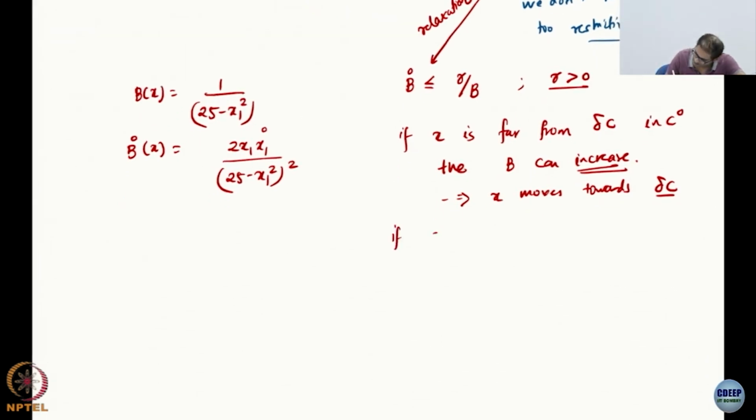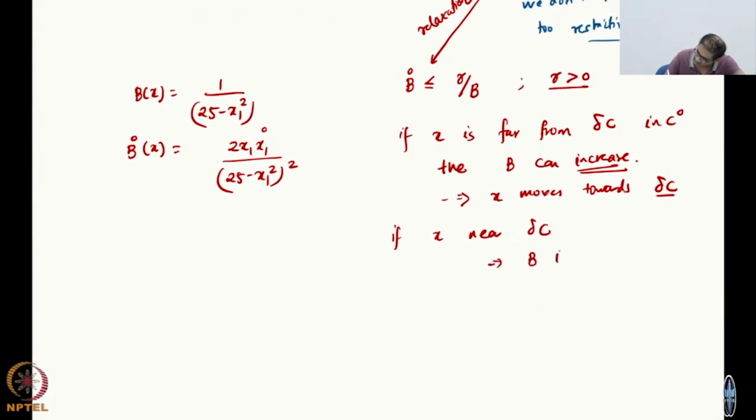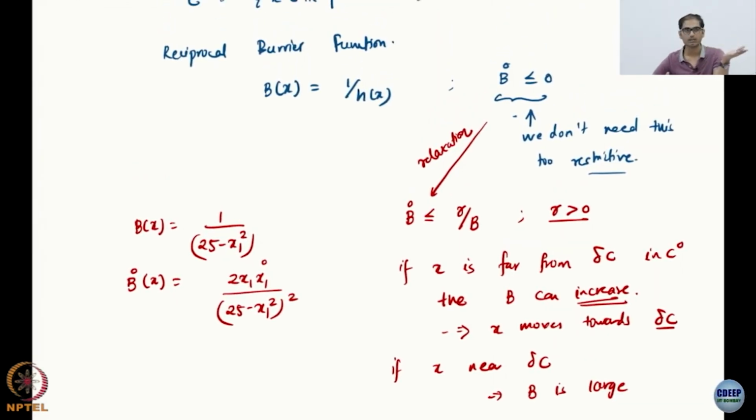If x near delta c implies b is large, right? That's how we have defined it. You remember 1 over 25 minus x1 squared. If x1 reaches 25, the denominator is exploding, the denominator is going to 0, so b is becoming large.